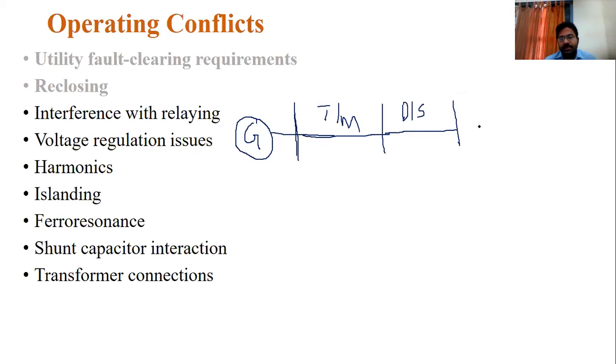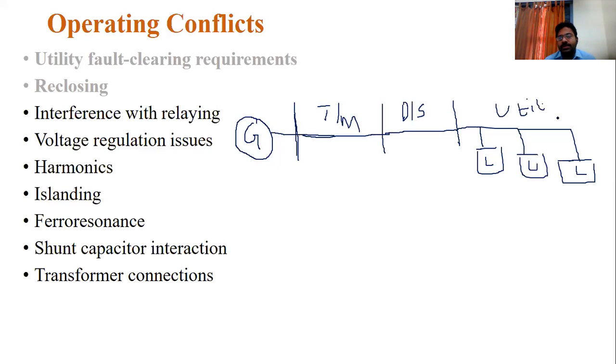Then we have some customers, different types of customers. These are the loads, different types of loads and all other things. This is the basic structure in the power system: generation, transmission, distribution, and utilization. Utility. This is the basic utility structure.